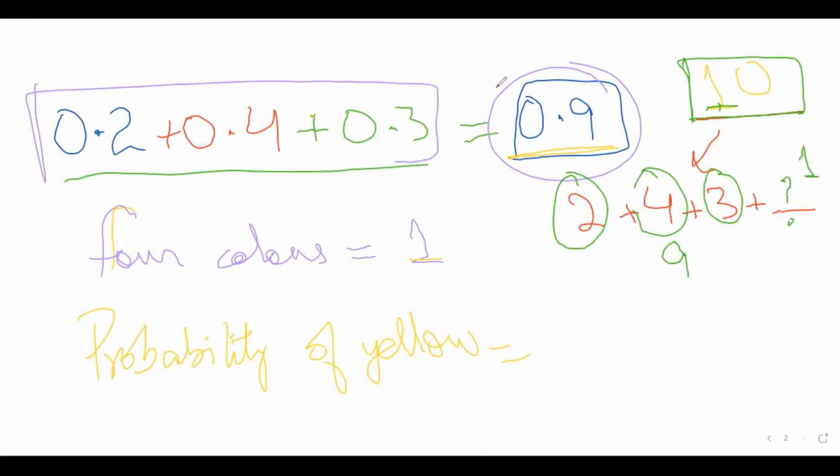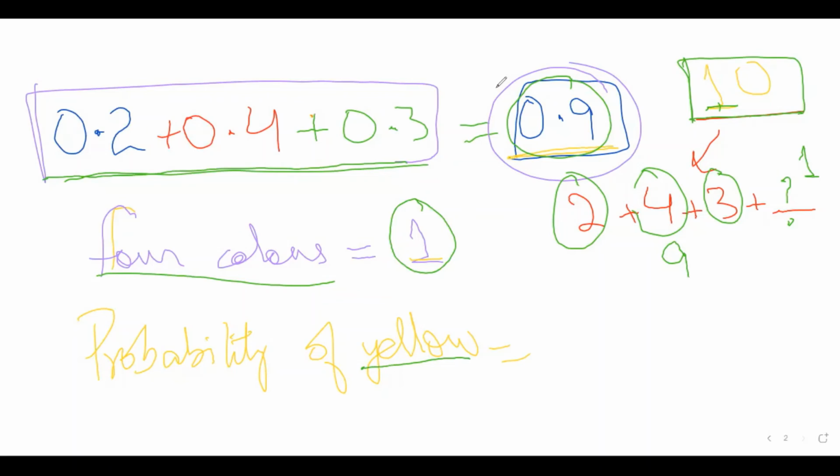Similarly, in this question, you have added the probabilities of 3 colors, which is 0.9, and you have the probability of all 4 colors, which was 1. So for the last color, what will you do? 0.1.